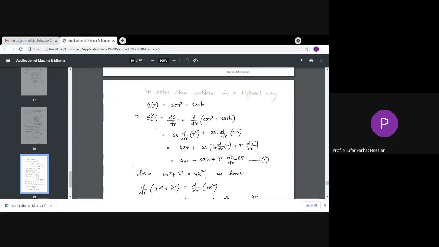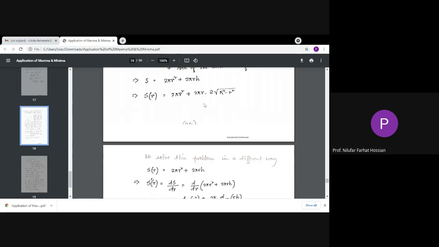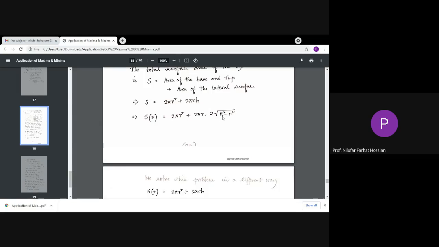Find the derivative of this S with respect to r. Remember that h is a function of r, because you know the value of h is 2 into root over capital R square minus small r square.